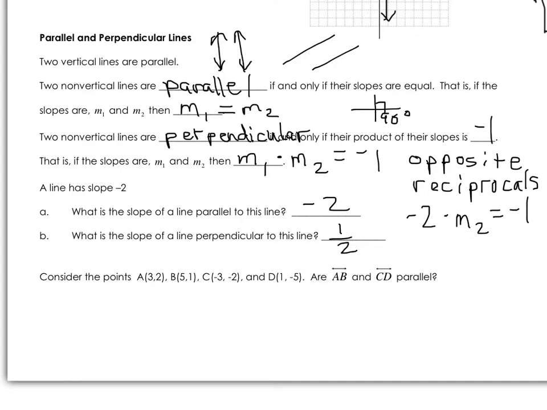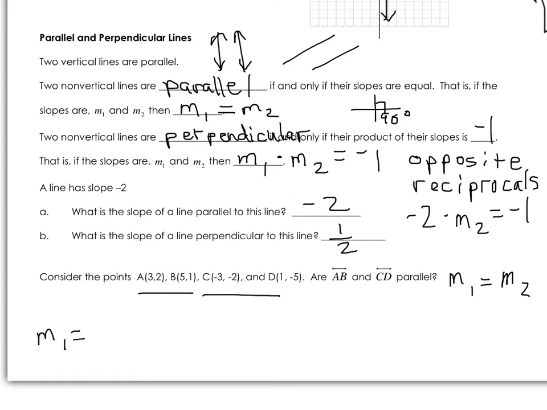Consider the points A(3, 2), B(5, 1), C(-3, -2), and D(1, -5). Are lines AB and CD parallel? If they're parallel, then their slopes must be equal. So we need to find these two slopes.